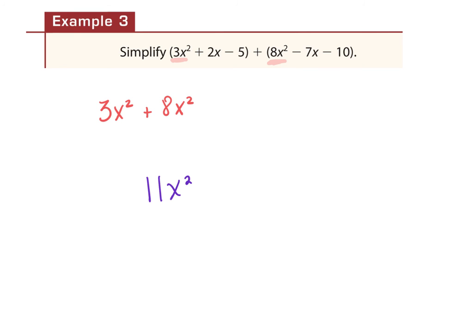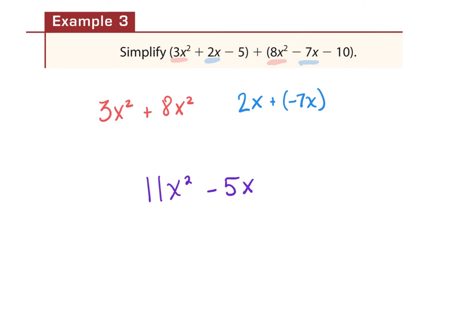All right. Then I'm going to go to my 2x. What's my like term in the other polynomial to my 2x? A -7x, right? So 2x plus -7x. How many x's do I have? 2 and -7. -5x.